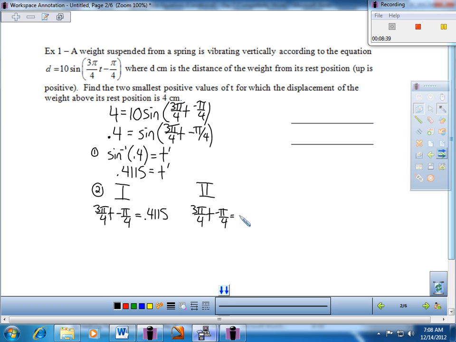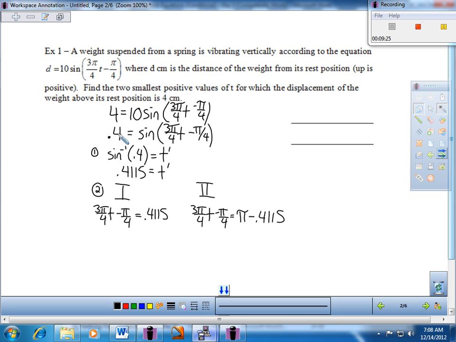Unfortunately, again, there are calculator limitations here. It's unable to give it to us, so we have to find it indirectly. And in this case, what we want to do, as we saw yesterday, is just pi minus. And so that would be it right here. This is the angle. That's what's intriguing about this, everyone. This is the angle that has a sine ratio of 0.4, and that's what I was looking at.